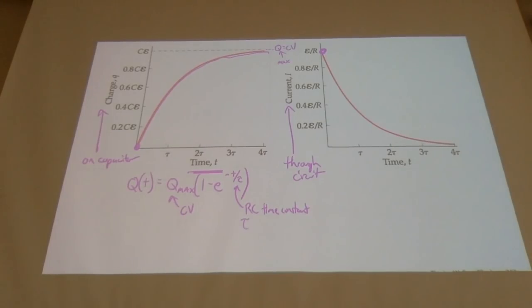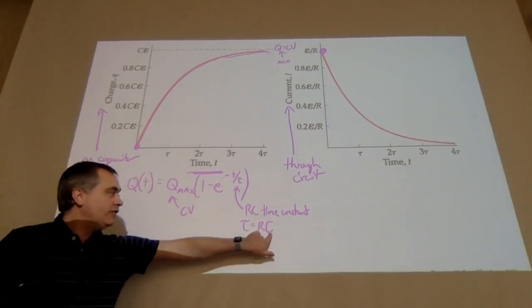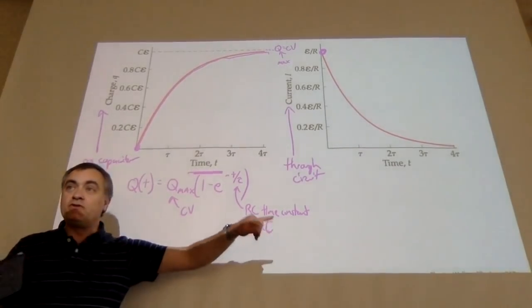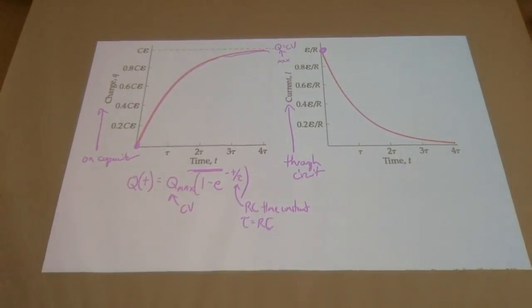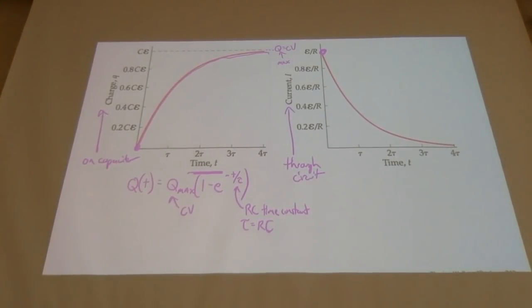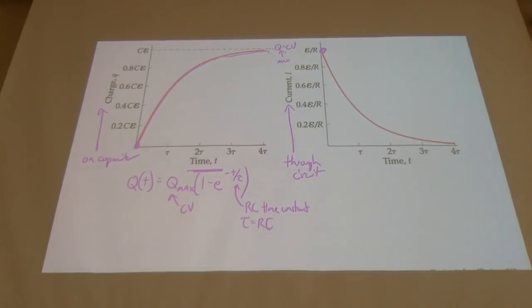So tau is literally equal to RC. You gotta love that. So it's called the RC time constant, and RC is the equation for it. Now, if I just have one capacitor and one resistor, this is easy. If I have multiple capacitors or resistors in series or parallel, I have to find the equivalent resistance and the equivalent capacitance and put it into that equation.